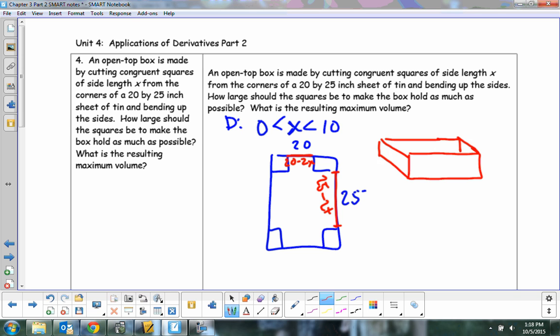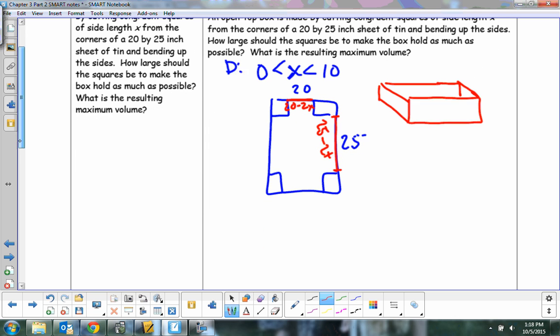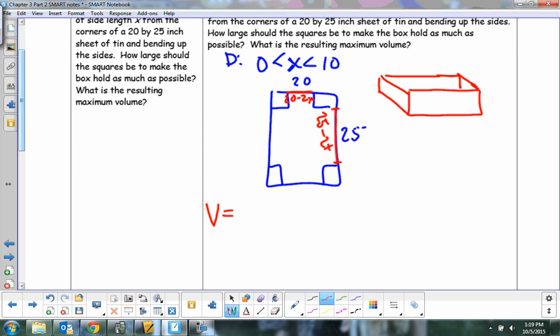And it wants me to maximize what equation? Volume. So let's write our volume equation. So volume is going to be what? Perfect. Length times width times height.